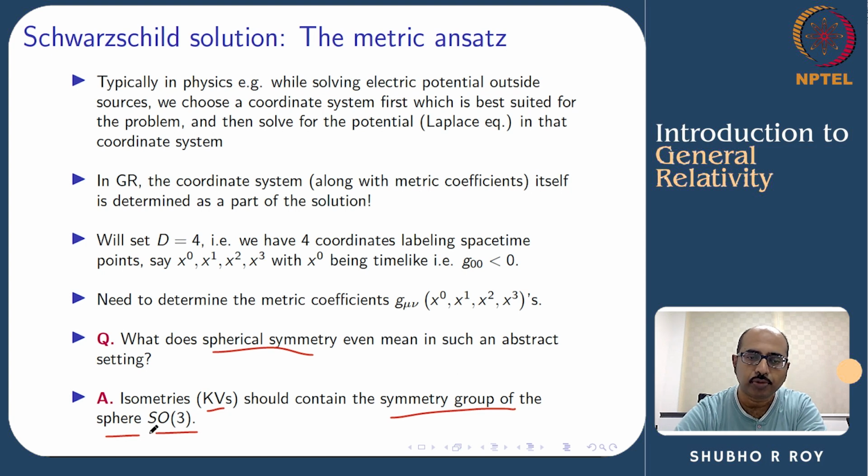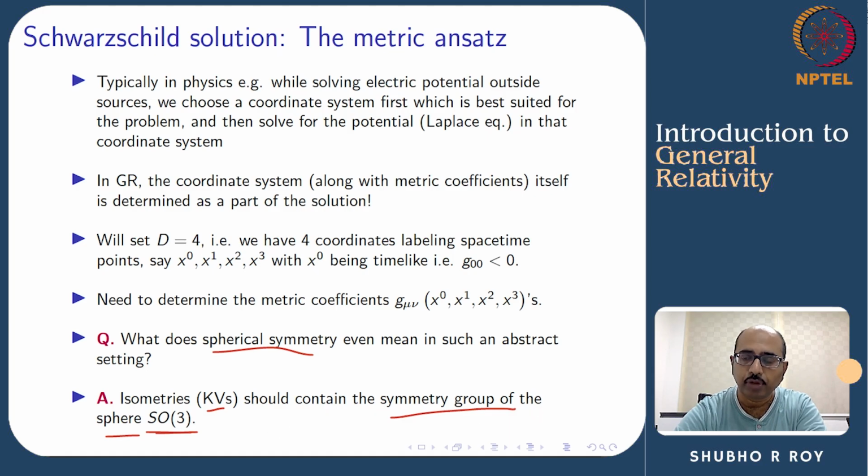This SO3 group represents the symmetric transformation which maps the sphere back to itself. So now we have a working definition of what a spherical symmetry means. I'm looking for a spacetime metric which must contain a set of Killing vectors which are the same as the symmetry group of SO3.